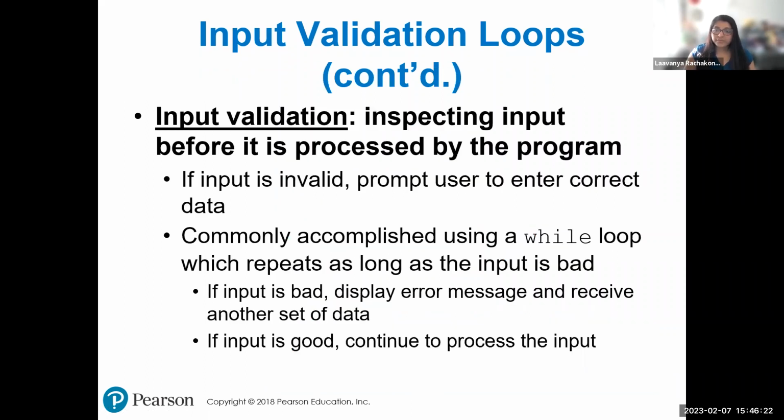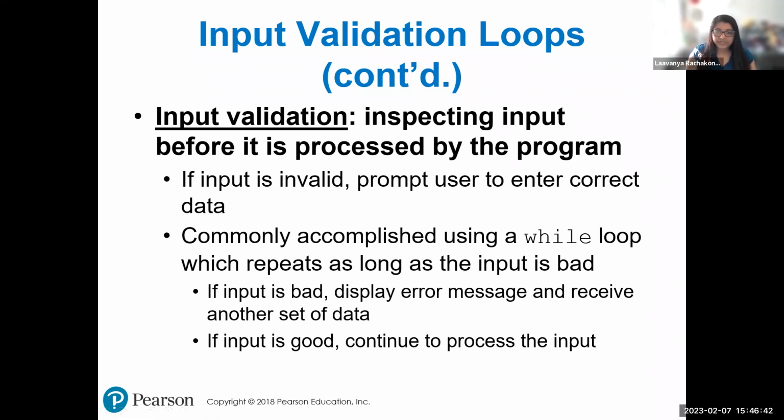Input validation means inspecting input before it is processed by the program. If the input is valid, then execute the program. If the input is invalid, prompt the user to enter the correct data again. A good input validation loop is written using a while loop, because while is a pre-test loop, right?